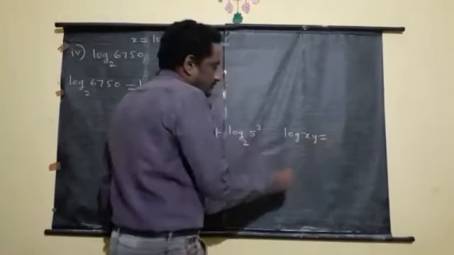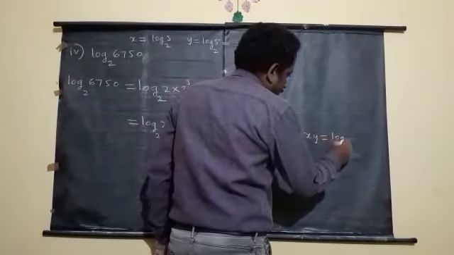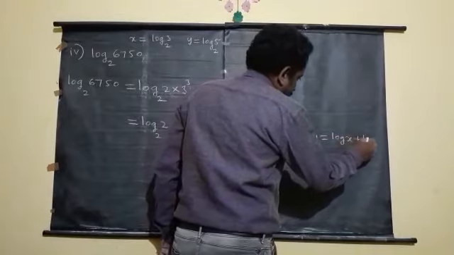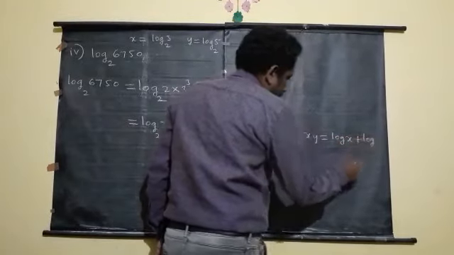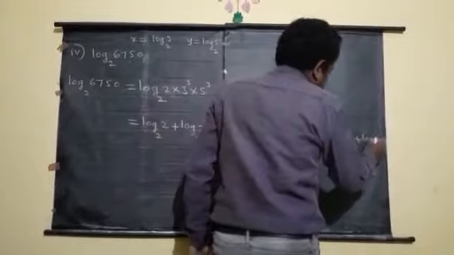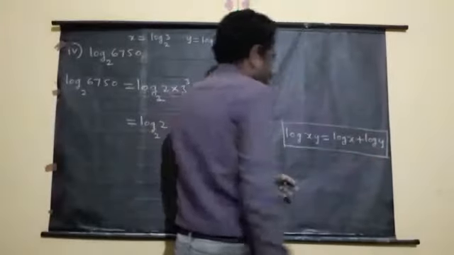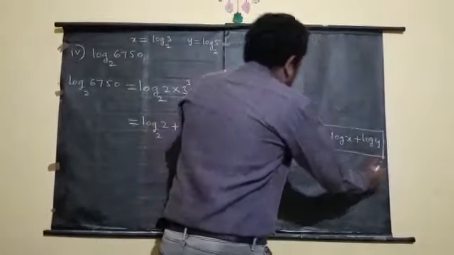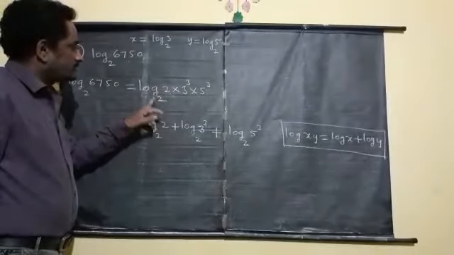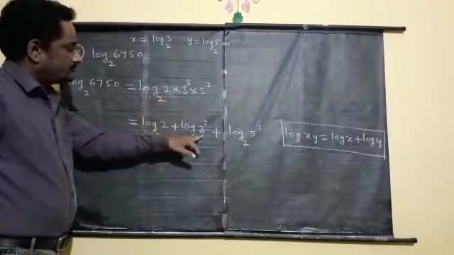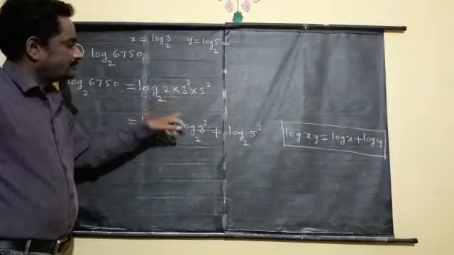Log xy is equal to log x plus log y. According to that, for log xyz, three terms are there. Log 2 base 2 plus log 3 cube base 2 plus log 5 cube base 2.